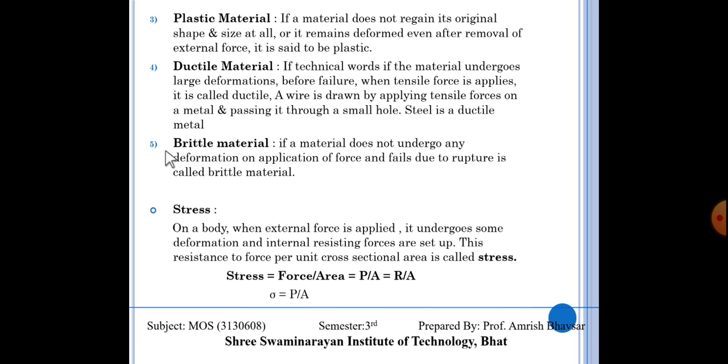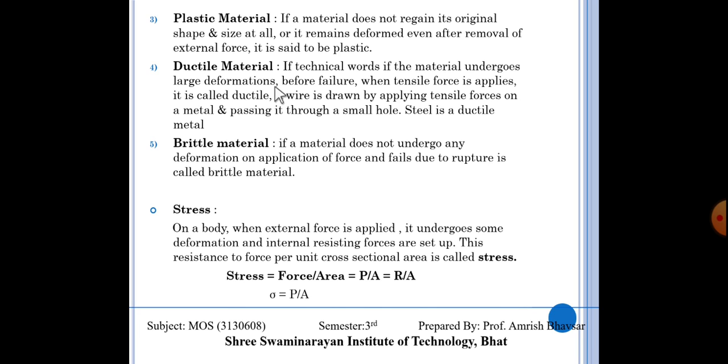But in elastoplastic, it cannot come back to its original position. Plastic material: if a material does not regain its original shape and size at all, or remains deformed even after the removal of forces.